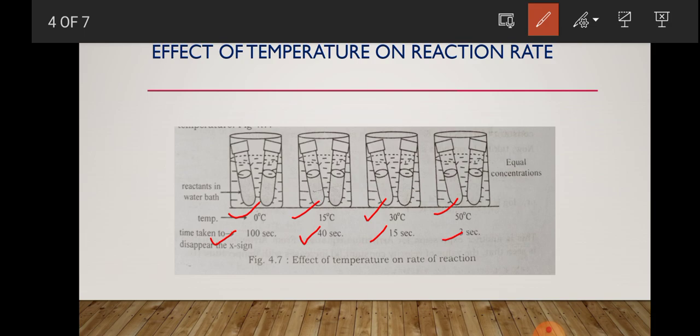Firstly, with the increase in temperature, the energy of reacting molecules can easily overcome the activation energy, and so the rate of reaction is automatically increased. And secondly, as the temperature increases, the rate of collision of the reacting molecules also increases, and that's why the rate of reaction is increased.